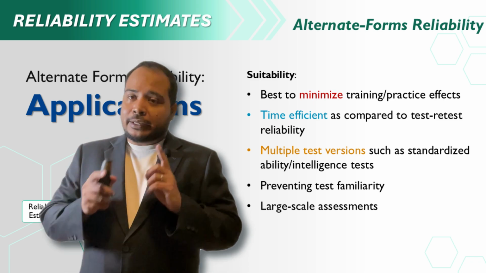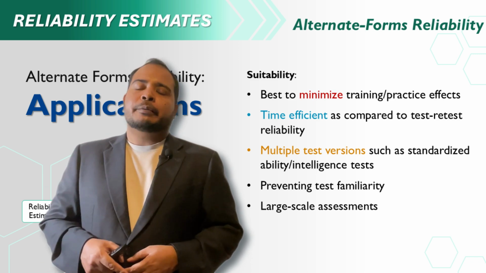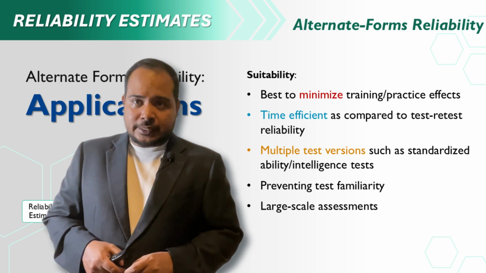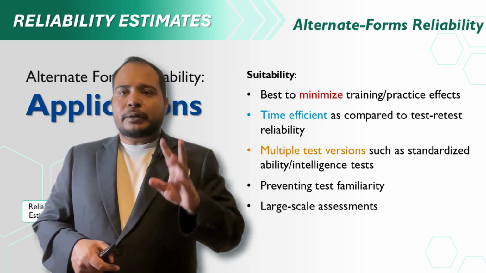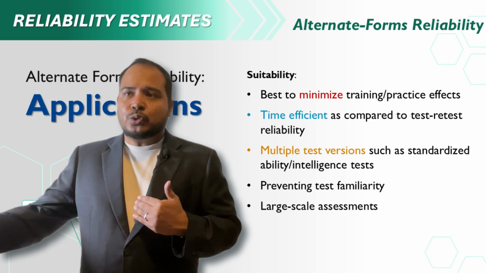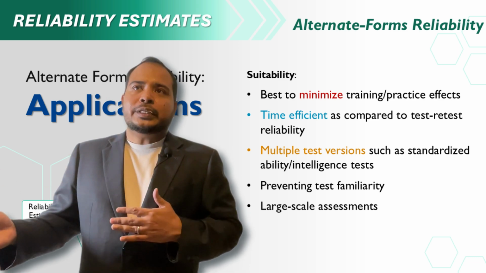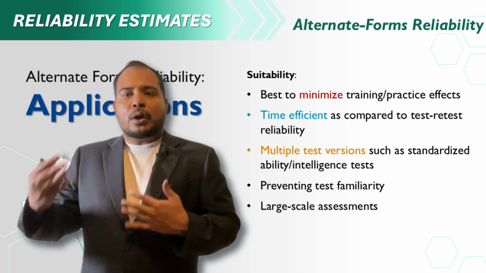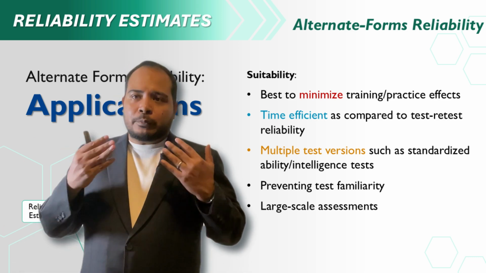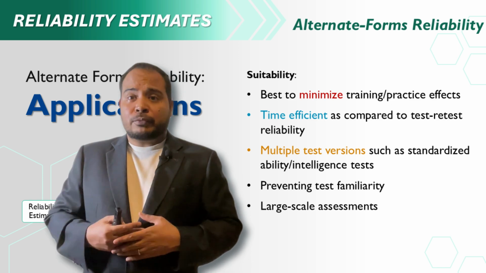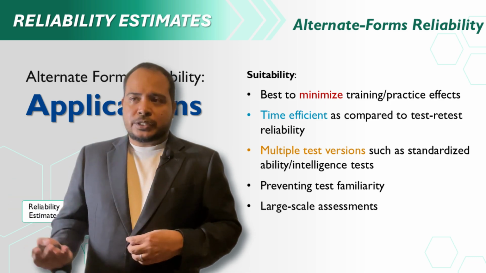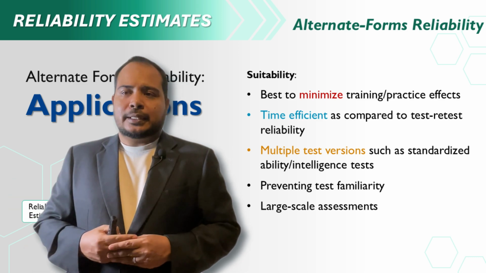But the advantage of alternate form reliability is that it best minimizes training or practice effects. Remember, for test-retest reliability, when you administer the second test too close to the first administration, respondents might have practice or training effects. By using alternate forms, we only have to administer it once, not twice, so it is time efficient compared to test-retest reliability.